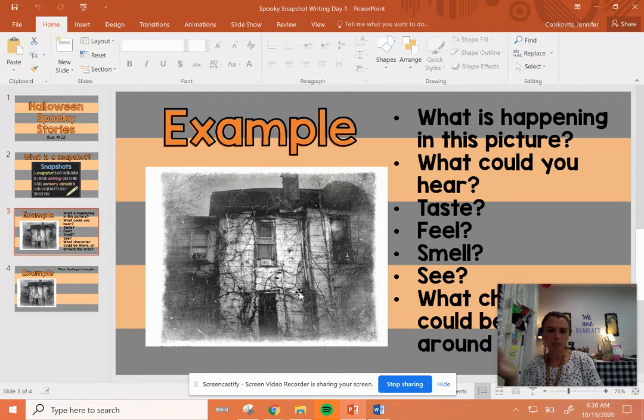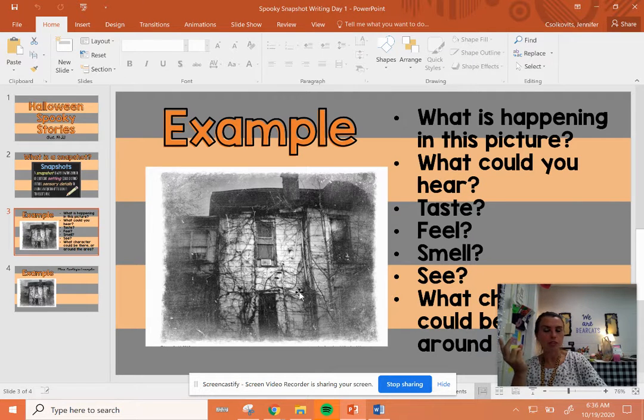What do you think you could smell? If I'm going to pretend, and that's what I need you to do during this, I need you to pretend that you're in this moment. What do you think you'd be smelling? The vines. It looks like there'd probably be some dead vines, or leaves or something around. So maybe that's also what you're smelling. So we went over what we see.